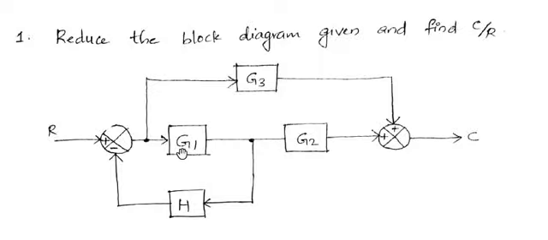That would be the signal coming from the G1 block. The output of the summing point is Y, and that Y passes through G1, so the output of G1 becomes YG1. Right now YG1 is moving to G3.